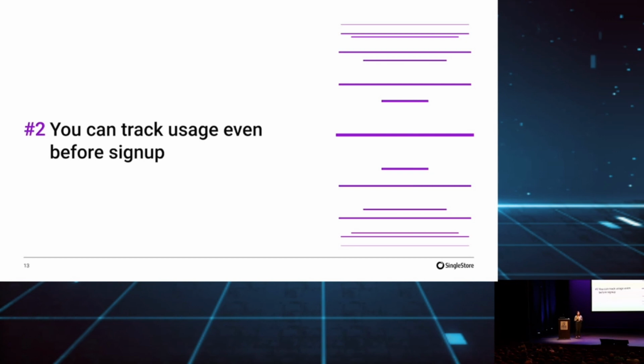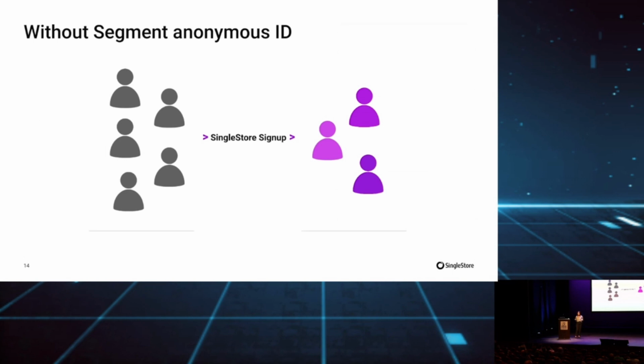If you don't have any mechanism for that, you will have a bunch of users that some of them might convert and sign up on your product, and then you know who they are. So you have some analytics and usage before the sign-up, and you have the data about the product flow after the sign-up, but you don't have any correlation because you only have the unique ID that you're going to use after the sign-up.